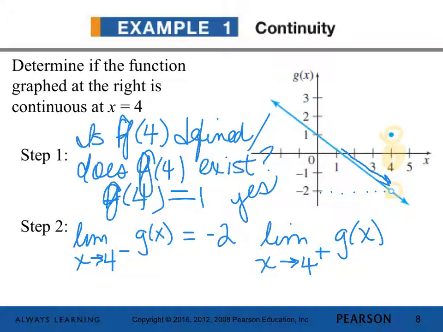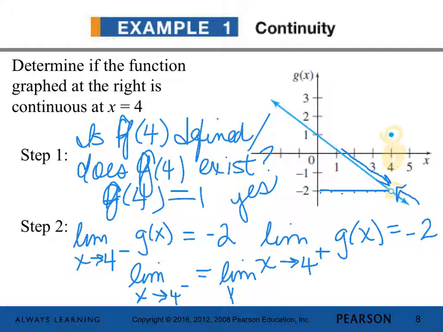But if we approach from the right, we see that we're also still approaching -2. And since the limit from the left is equal to the limit as x approaches 4 from the right, since those two are in fact equal, then it passes step 2.